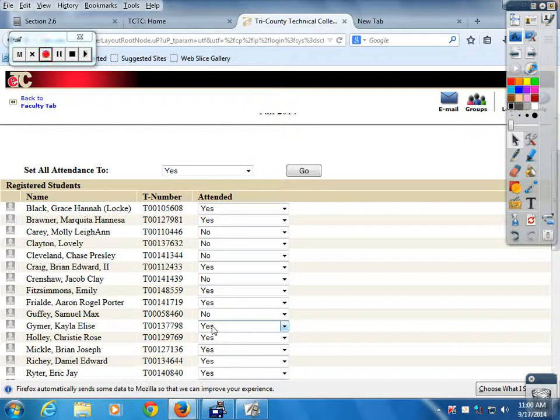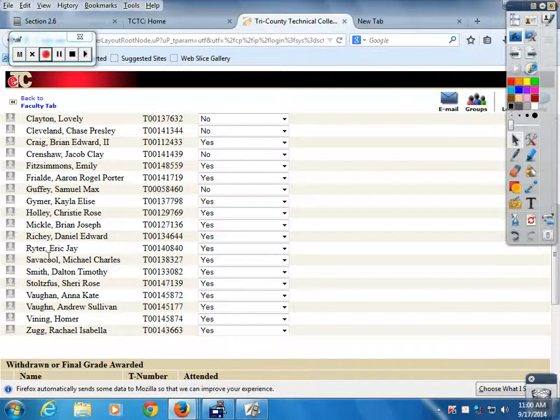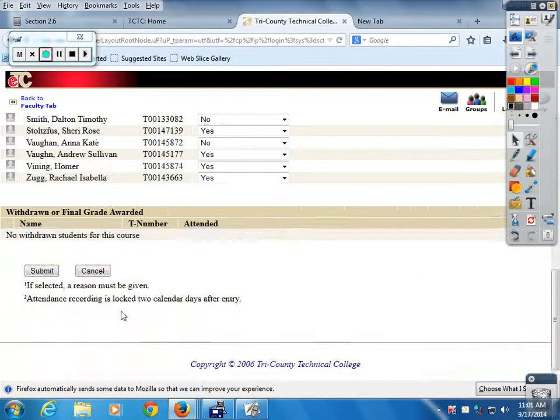Geimer's here. Holly's here. Mickle's here. Richie's here. Ryder's here. Sabaku. I hadn't seen him. Smith. Stolfus. Where are you? There you are. Vaughn Andrews here. Vaughn, the other Vaughn. She ain't here. Okay. Vining. Okay. And Zug is here.